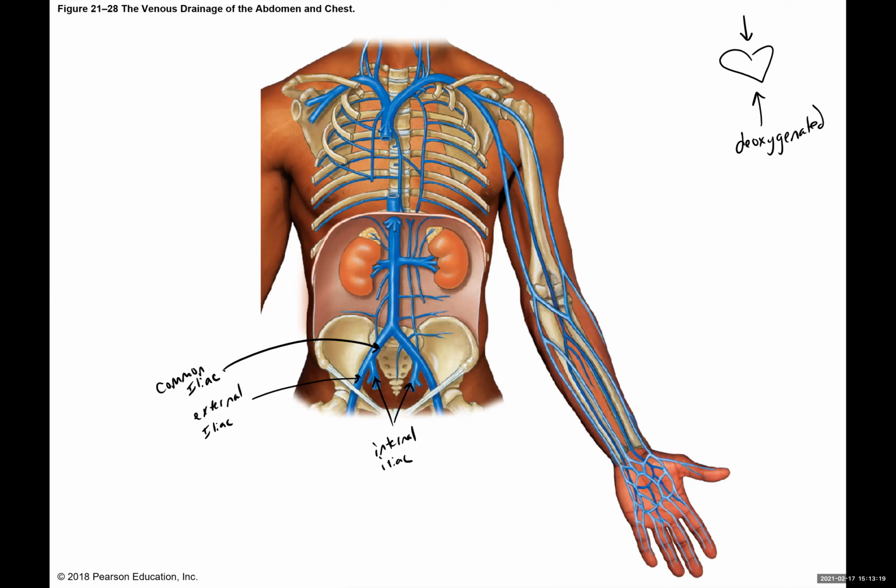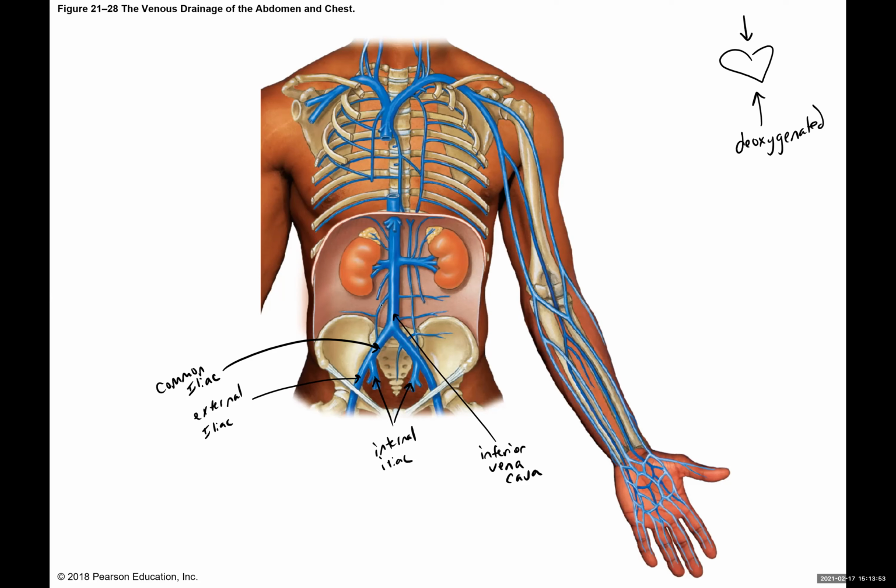And remember, we are looking at veins, and I'm saving myself some time by not writing that word every time, but you do need to make sure that you're keeping up with that. As we continue up the common iliac, we see that we are coming to the inferior vena cava, which is of course going to be bringing the blood to the right atrium, the right side of the heart.